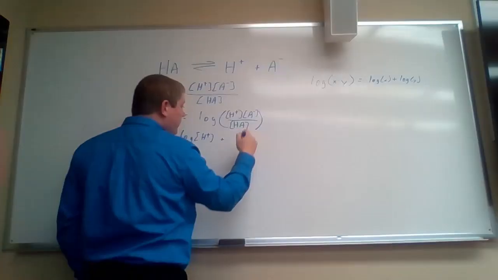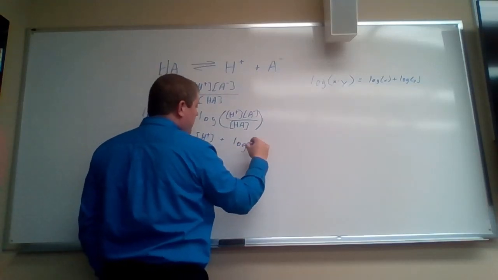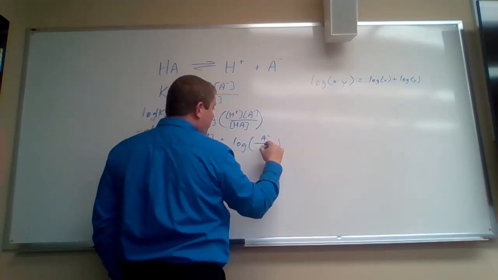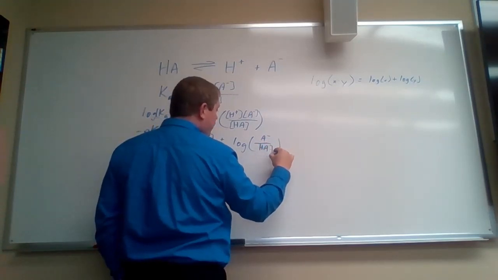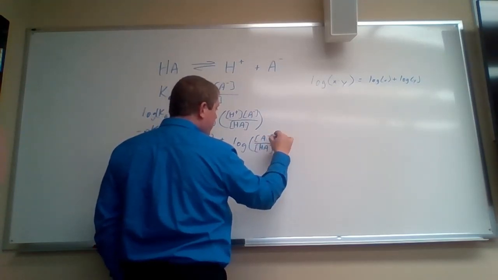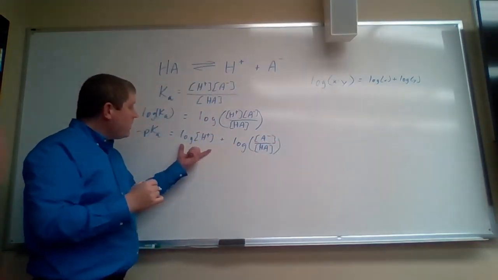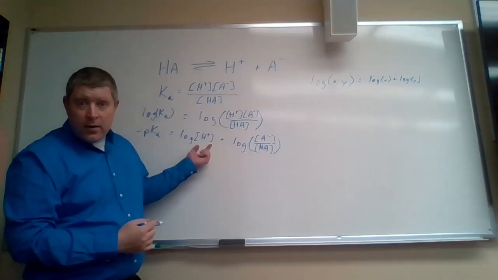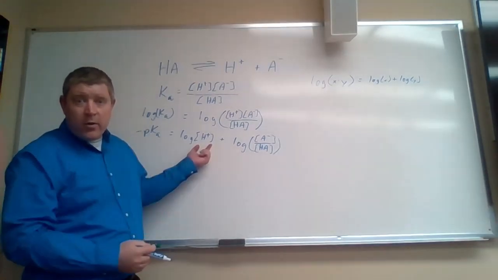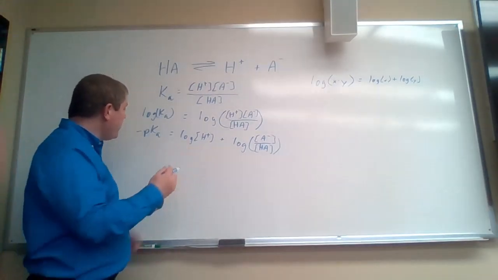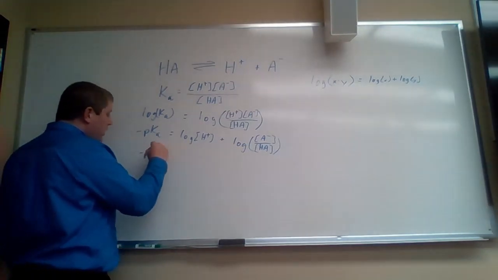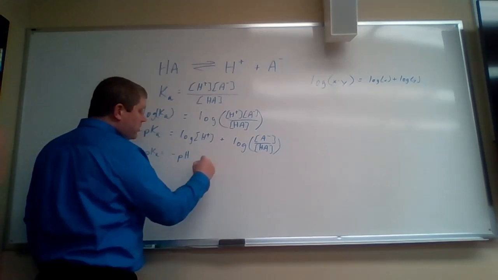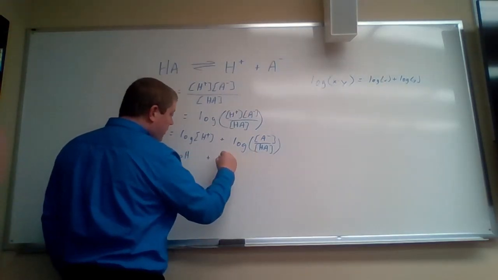And we'll leave these two together in one log term. And now we have here log of the hydrogen ion concentration. And again, just like we had for the pKa, this is minus pH. So we have minus pKa equals minus pH plus this log term.